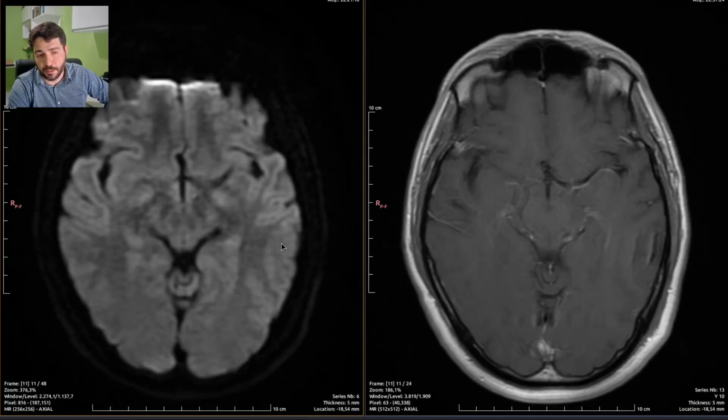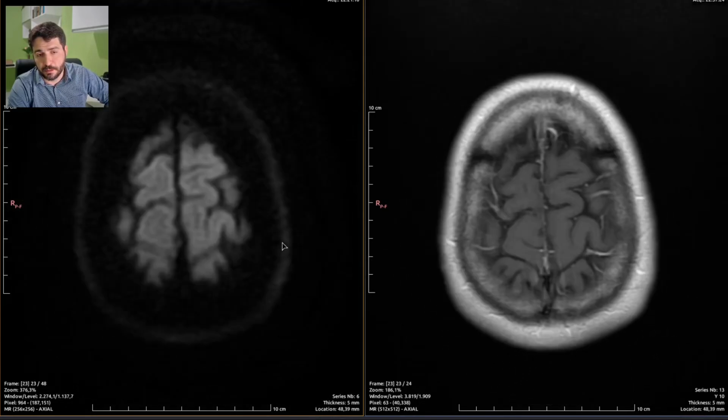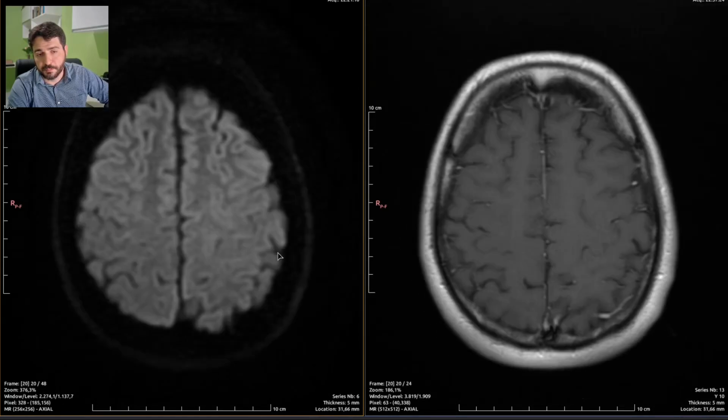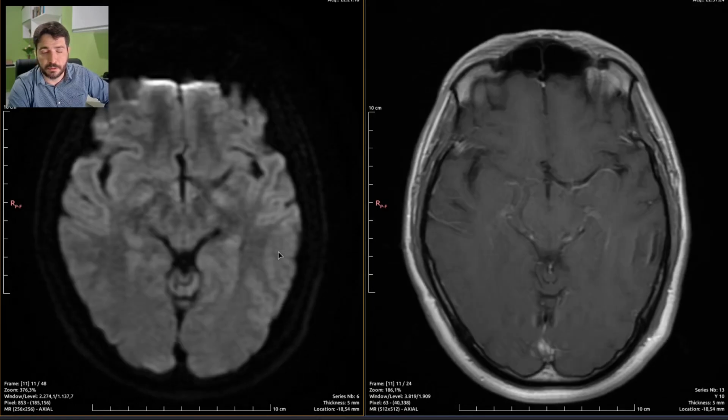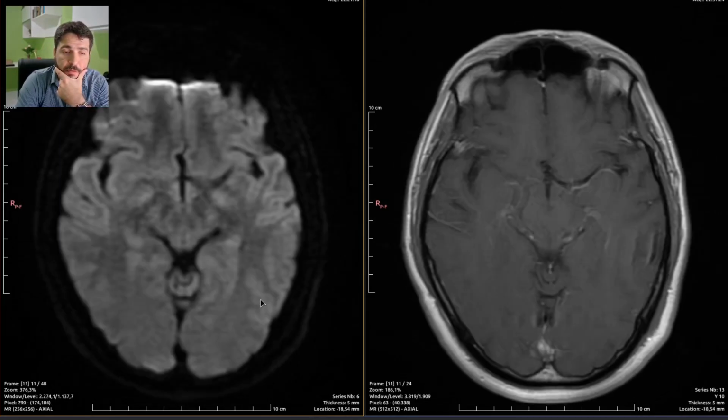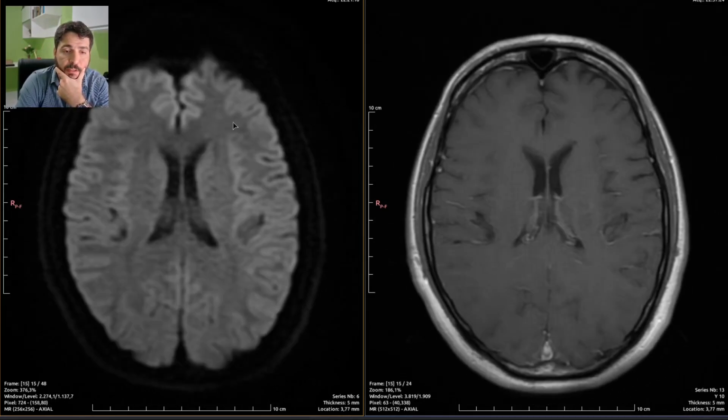So we should look for bright spots as you do on T2 and flare sequences. So diffusion is fine, those small tiny bright spots on the left insular region are really there.